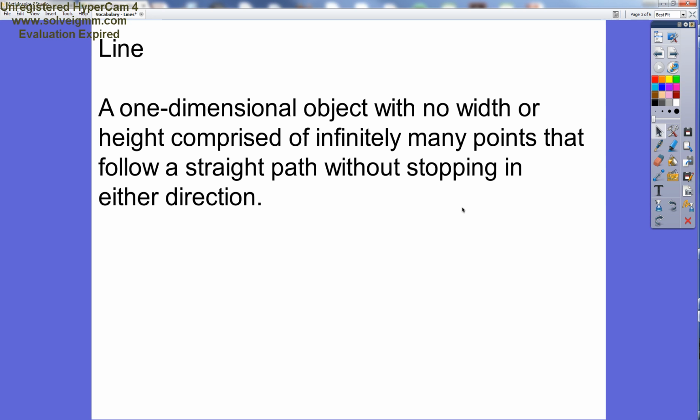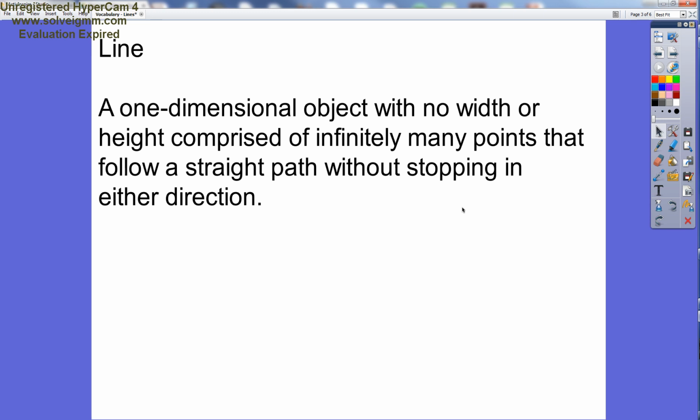It's just a spot to say, hey, here I am. But a line has actual structure to it. It has a length. It has no width or height, but it does have a length. So one dimension. Basically, it's a path composed of infinitely many points, and it's a straight path.